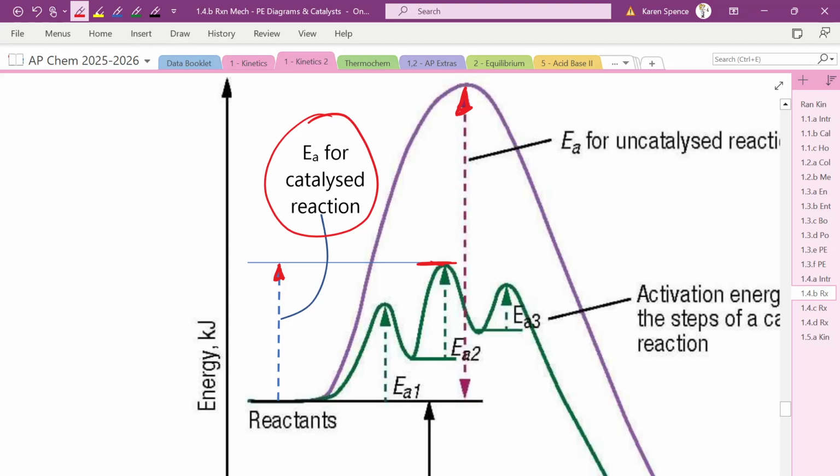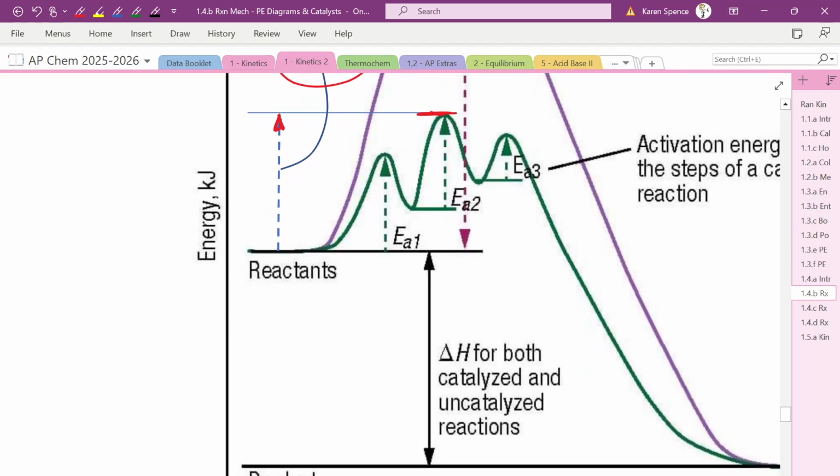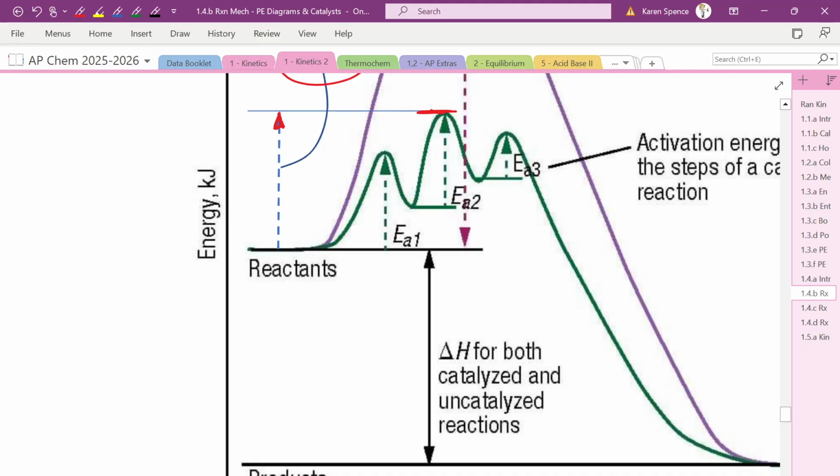Well, technically there could be another mechanism there, but we don't know what it is. And if we do not know what the mechanism is, then just represent it with 1 peak. And delta H, of course, remains the same.